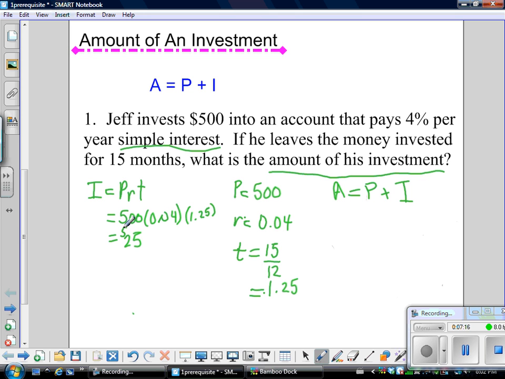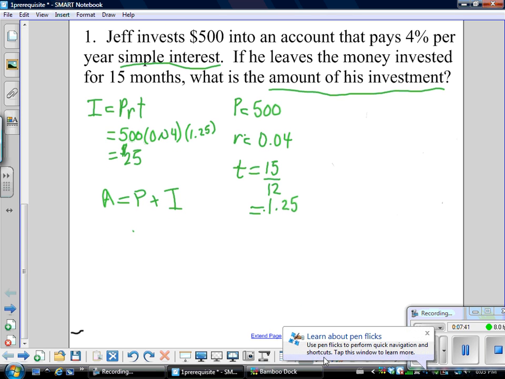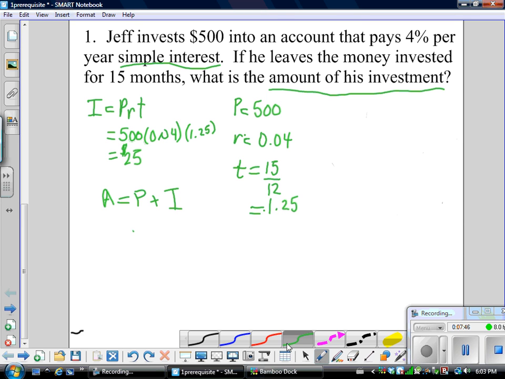Now, that wasn't the question that they asked me, however. They asked me the amount of his investment. So for the amount of the investment, I literally have to take this formula that we had over here from before, and move it here, and we're just going to continue our question.